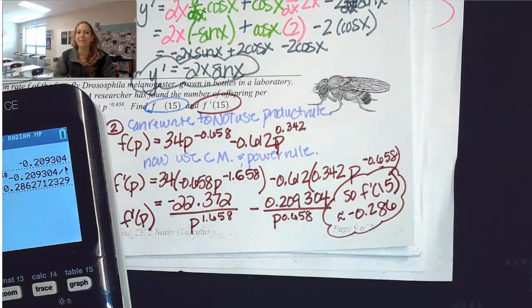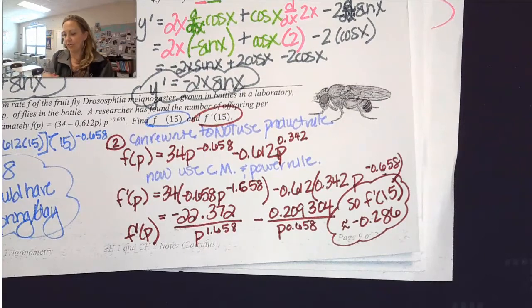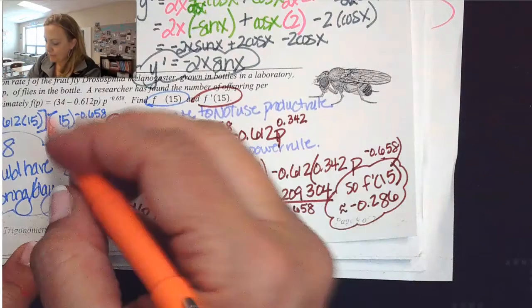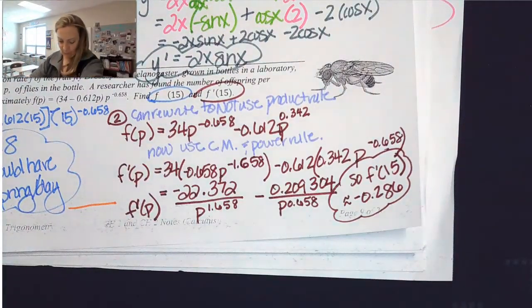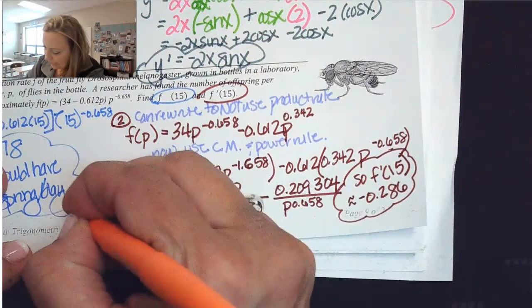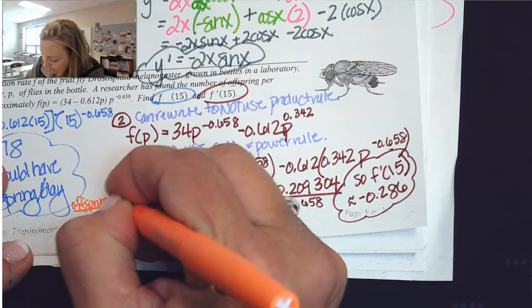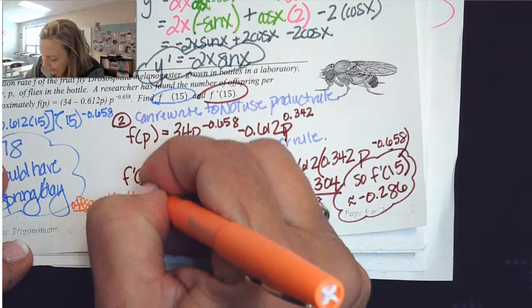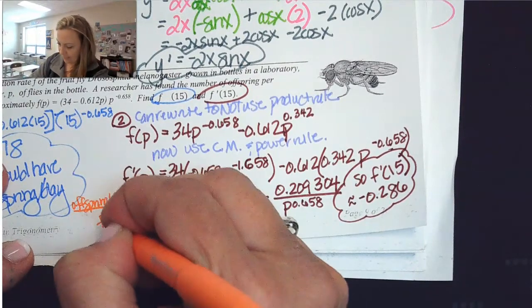And so what that means as far as the units go, if we think about the change in y over change in x, the numerator was the change in offspring, or what was the offspring per female per day. And then down here is going to be the number of flies.